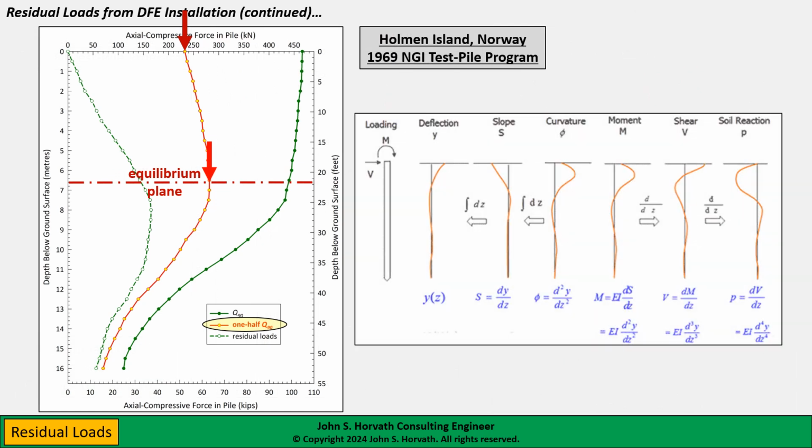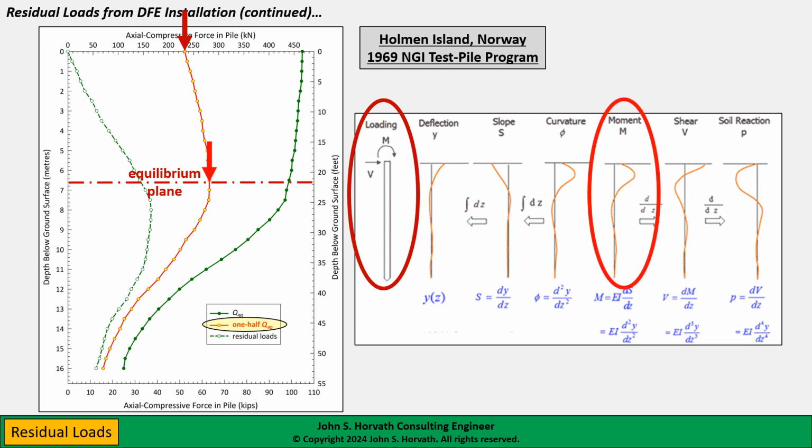Using that same pile from Norway, I just want to illustrate, if we have deep foundation elements subjected to moment or horizontal loading at the head, we know that the maximum moment in the shaft will typically be at some depth below the ground surface. So the peak moment, and therefore the peak stresses caused by that moment, are going to be somewhat below the ground surface.